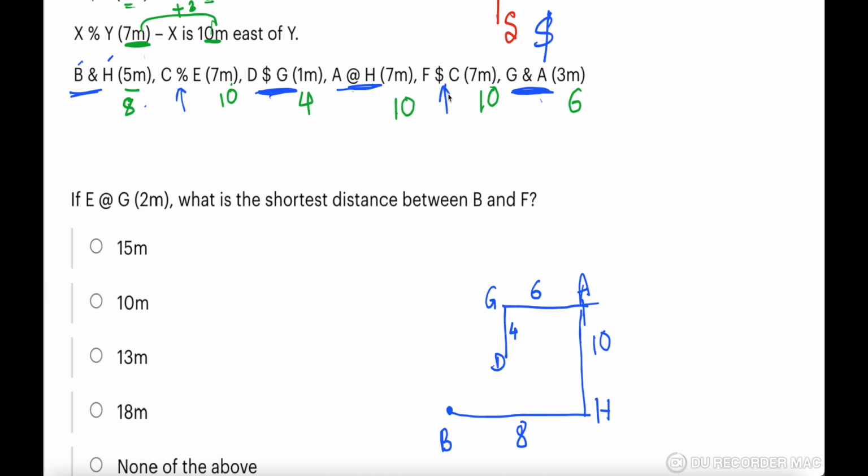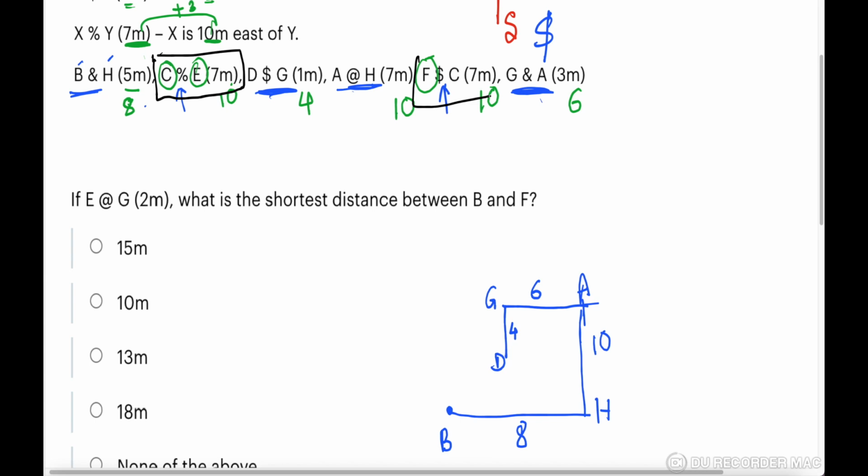Okay, so you do not have any relation here. You do not have any relation with C. C is not present. Okay, E is not present, F is not present. So what to do? So what you will do here is keep them separately and go to the question part.